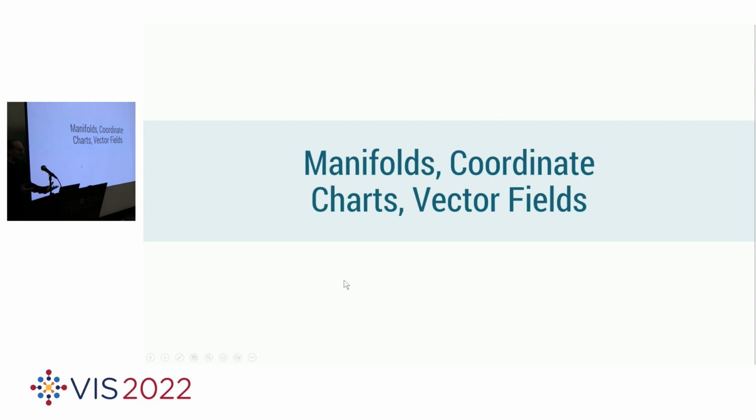So this was a quick preview, and now we'll start with the basics of manifolds and coordinate systems on manifolds. You might think that a coordinate system is very clear, and I think most people can easily work with coordinate systems.